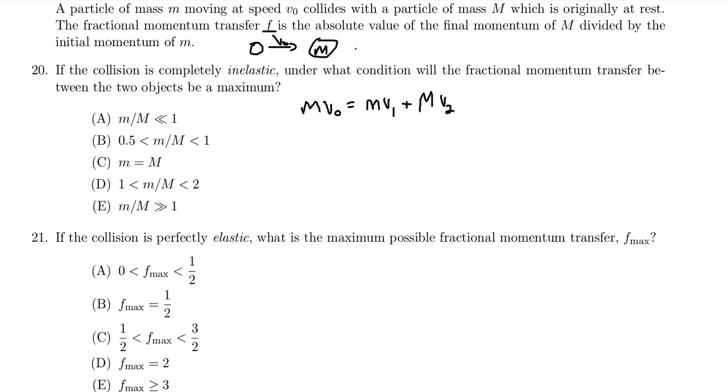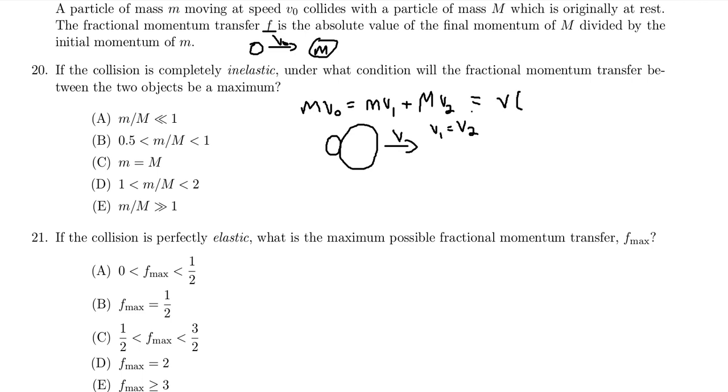And now, what does that tell us? We know that if it's inelastic, we will have mass little m and big M stuck together moving at the same velocity. So in particular, v1 is equal to v2, and I'll just call that v.